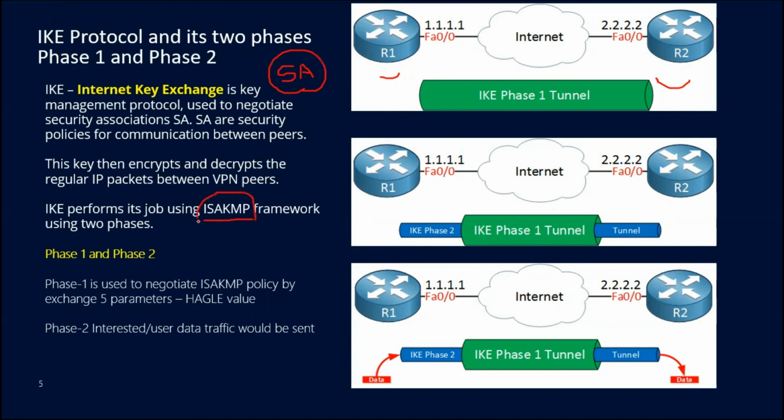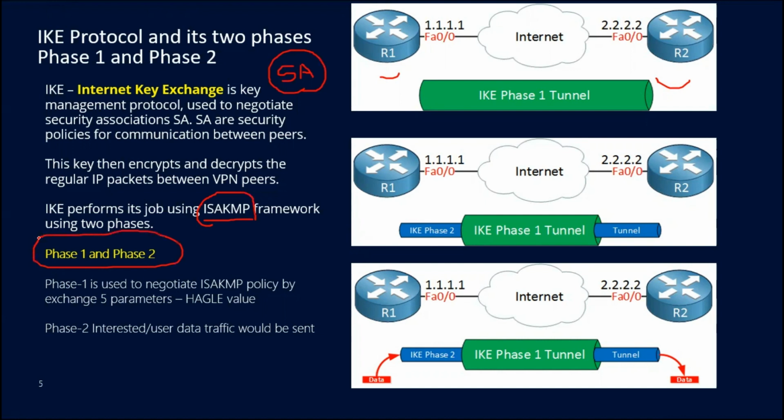It's basically a framework where security associations are negotiated between the two peers, and the key is generated, and that key should be there on the remote end. Once the key matches, then only your tunnel would form.